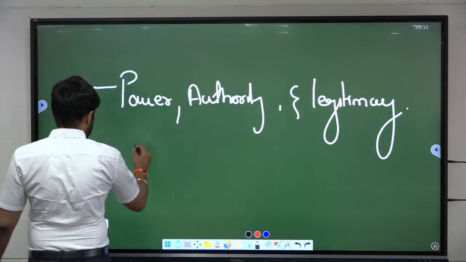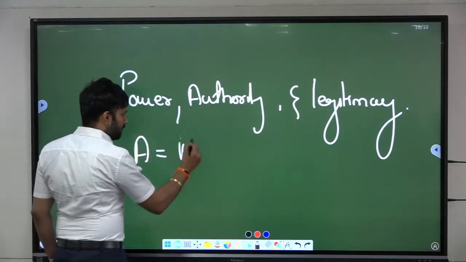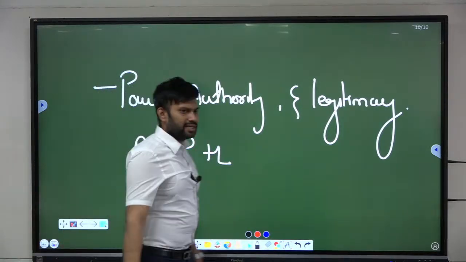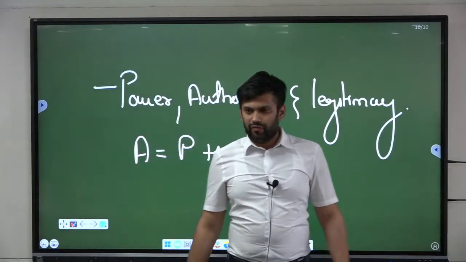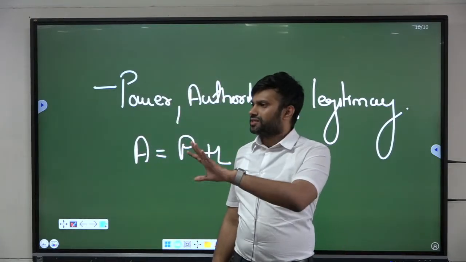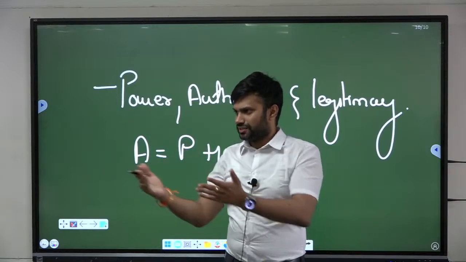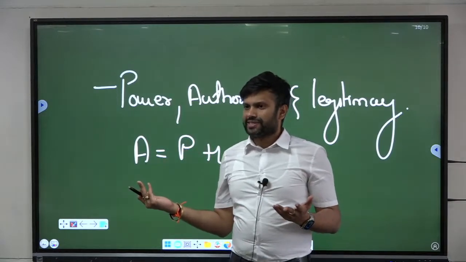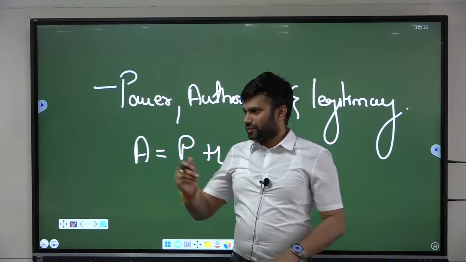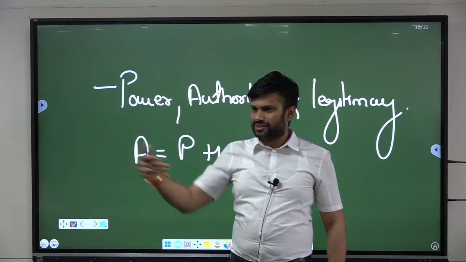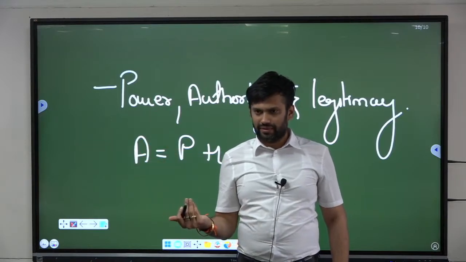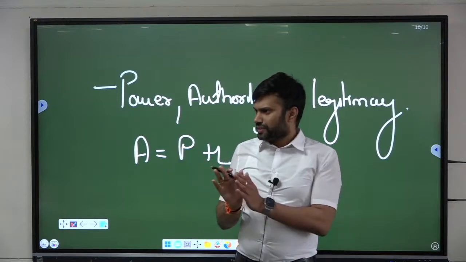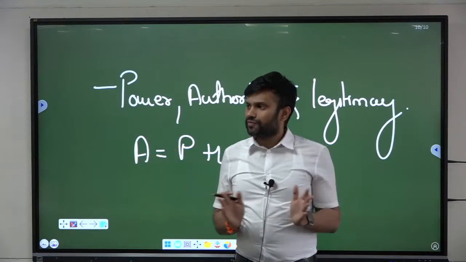They say authority is nothing but power plus legitimacy. When you are exercising power with consent or it has been sanctioned, we call it authority. For example, as an IAS officer, what you command to your lower subordinates, it is authority. Okay. So we will go into the different types of authority.